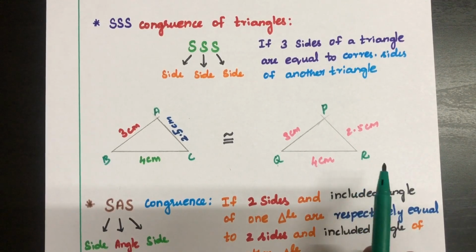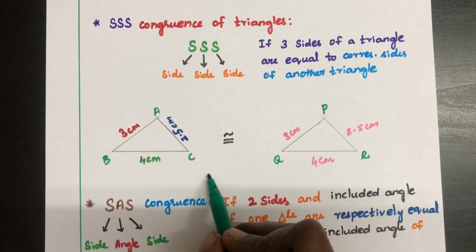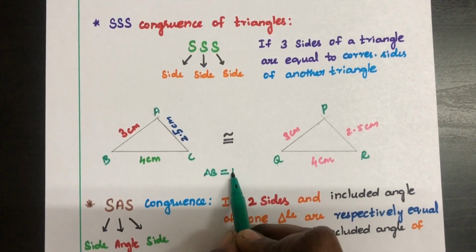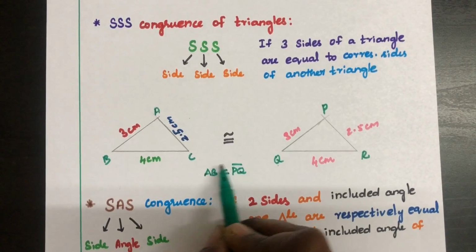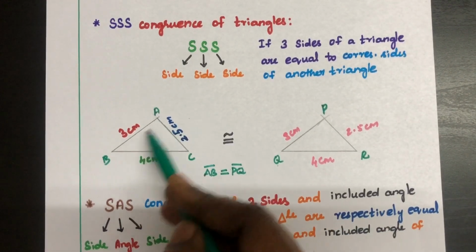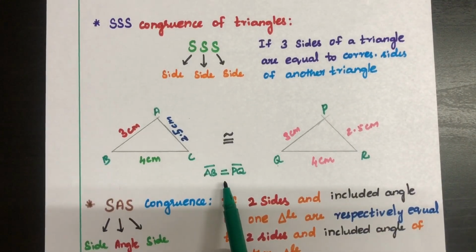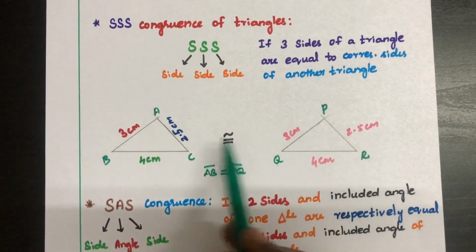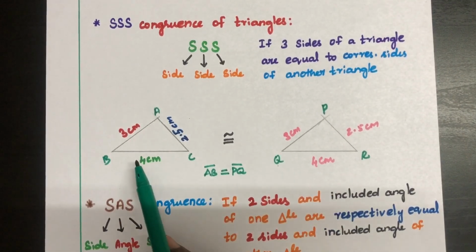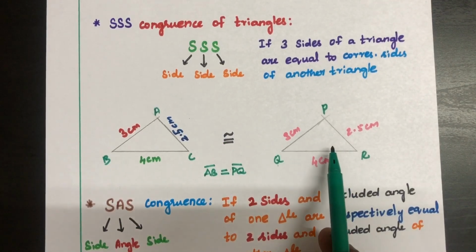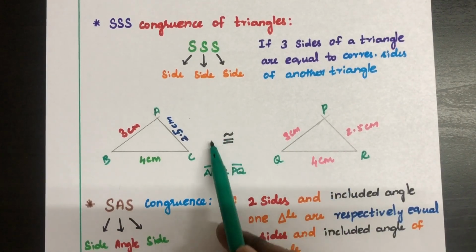So this is called correspondence. We can show it like this: line segment AB corresponds to PQ, which we can denote by the equal to symbol. But when a figure is fully congruent with the other figure, we need to use this symbol.